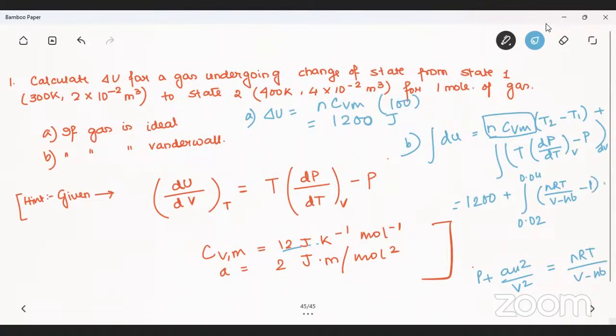So from that formula you can use it. Once you have learned integration, you can easily solve this. This is the equation for van der Waals. We already know this equation; we learned it in our morning class. So from there, we can just put the values and solve for it. As simple as that.